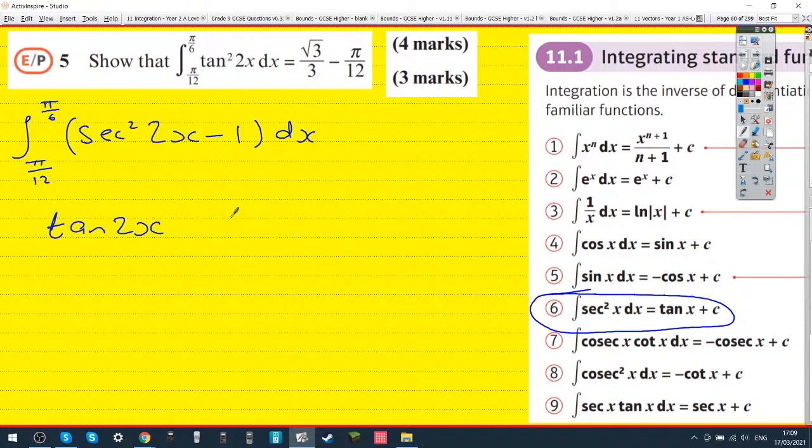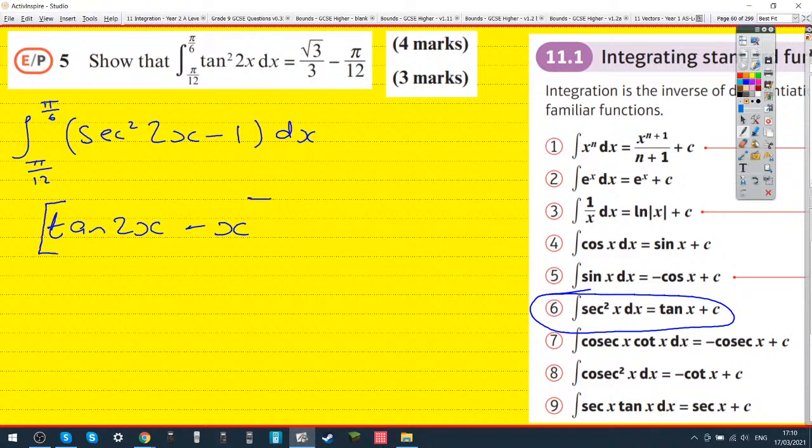What's next? Minus 1x. There you go. Why are you so reluctant on that?